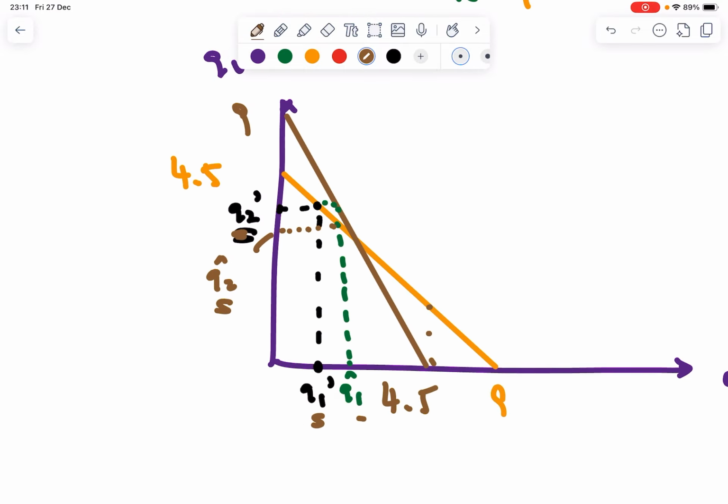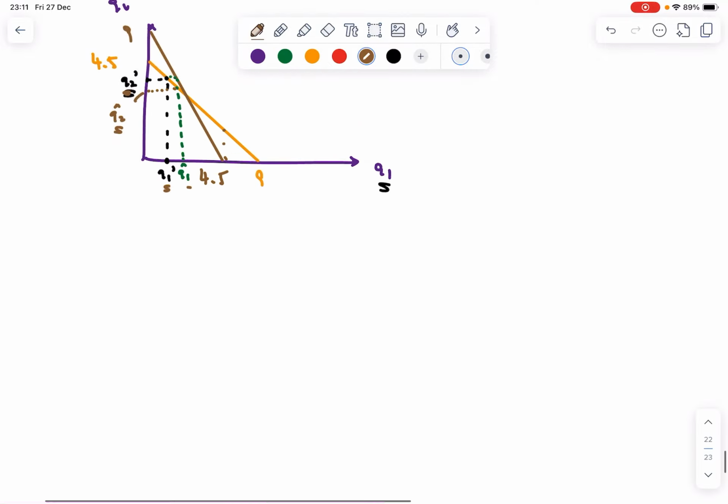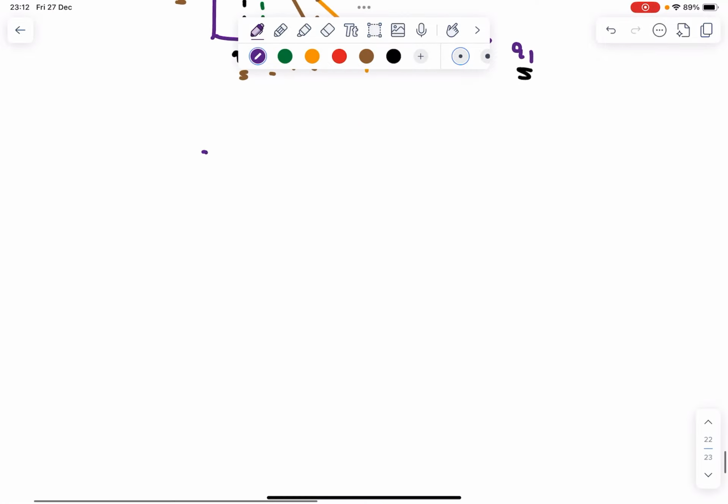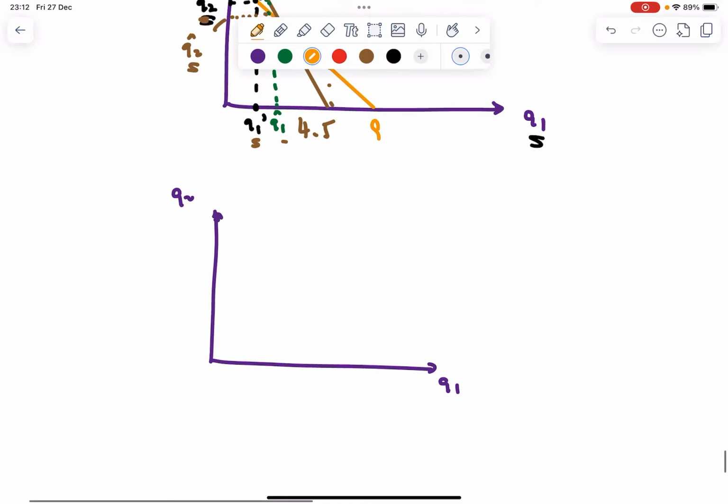So you can test that for any arbitrary point, because these points are all not Nash equilibrium. There's only one point where both of them intersect, which is Q1, Q2 equals 9, 4.5.